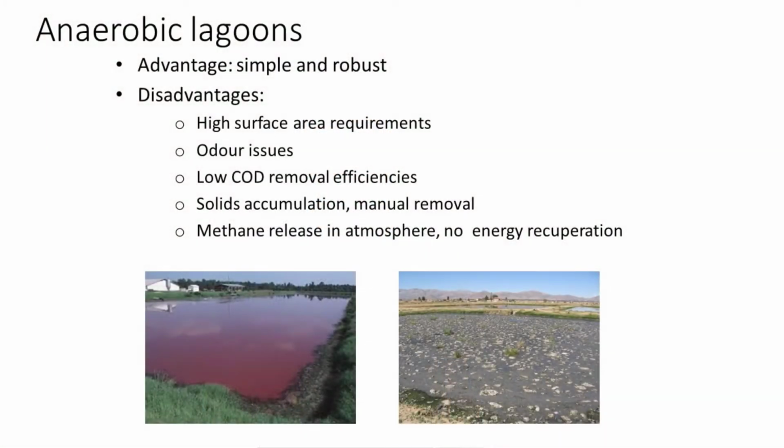The problem, of course, is that the methane that is generated in this process is just gassing out into the atmosphere. And you don't really treat the water very well. So I'd say it's reasonably robust, it's very cheap, it's possible if you have a lot of land area, but of course it leads to a large emission.